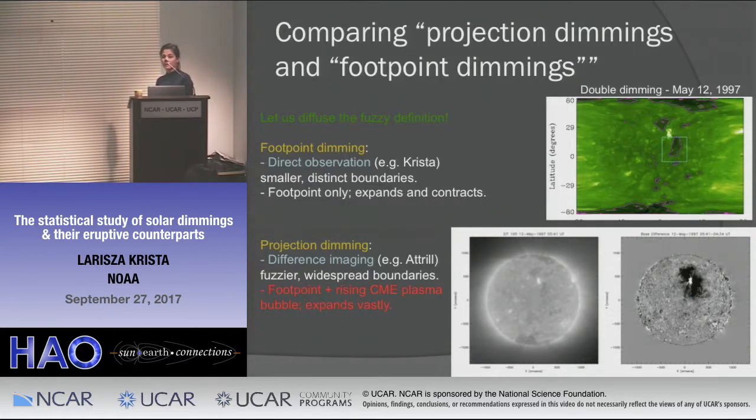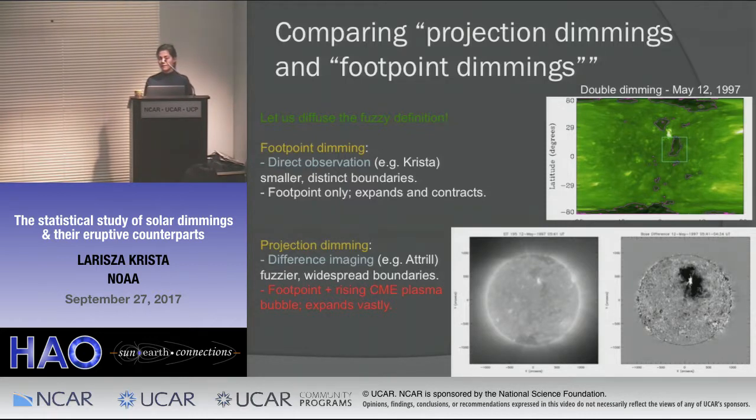The primary difference between a footpoint dimming, and now I call these difference image dimmings projection dimmings, is that footpoint dimmings start off from a little seed of a dimming, they grow over time, and then they contract and disappear, possibly to the same location or very close to the location where they originated.